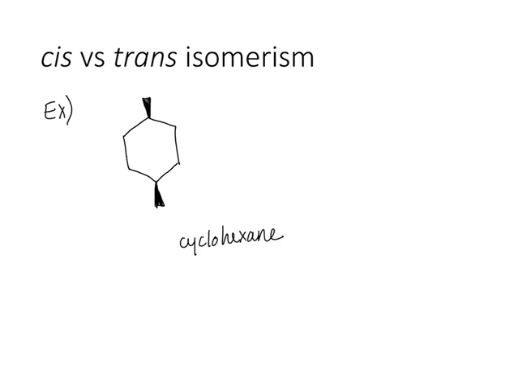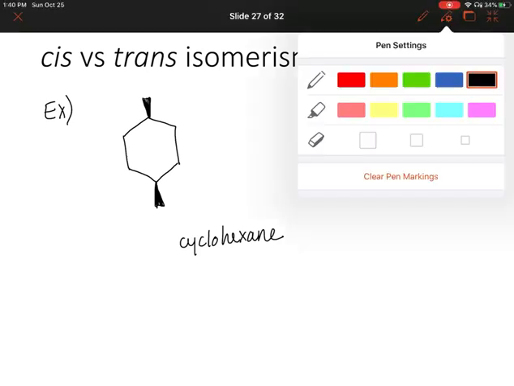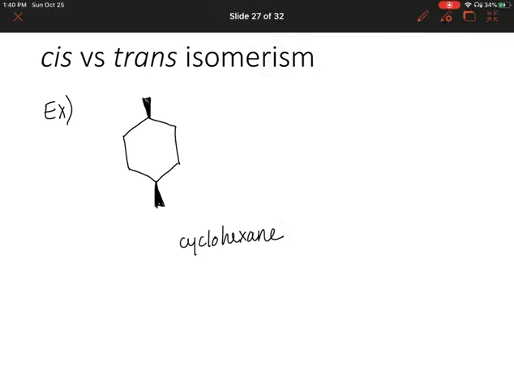Okay, so now we have to name the substituents. So let's see, we have 2 methyl groups. One is at the top, one is at the bottom. So I guess it doesn't really matter which way we number this ring, right? We could start from the top or the bottom.